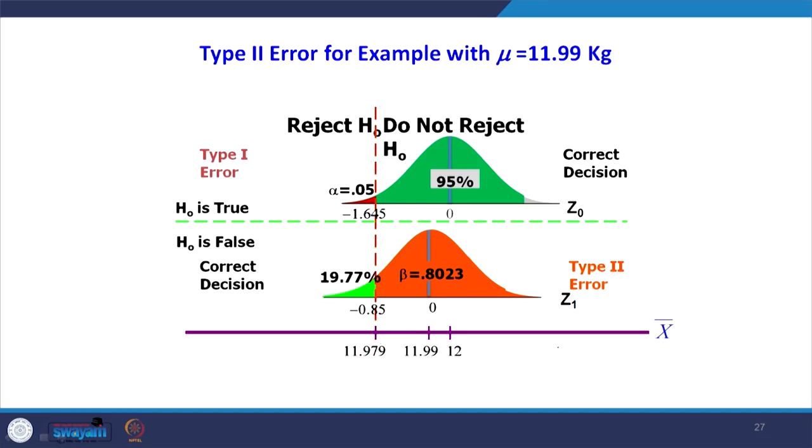The z value will be x bar minus mu, so 11.979 minus 12 divided by sigma by root n, right, and we will get the z value. So, the corresponding right hand side area is my type 2 error. So, beta equal to 0.8023.